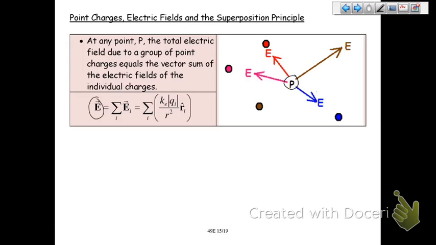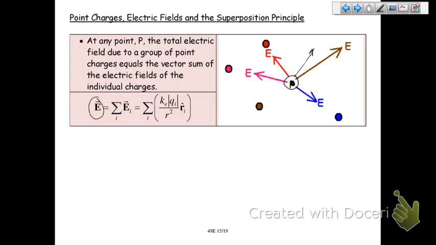I'm drawing these as long arrows and short arrows, but I'm only talking about the effect at that point. So this is not a displacement, this is an electric field vector, which is quite subtle. But it's a way of visualizing. I can sum all these up and get one overall vector, something like that, pulled over more to one side than the other.